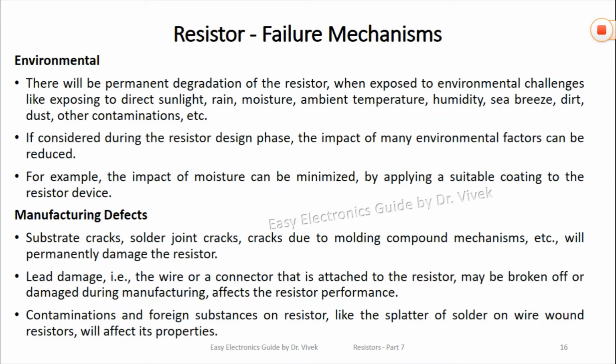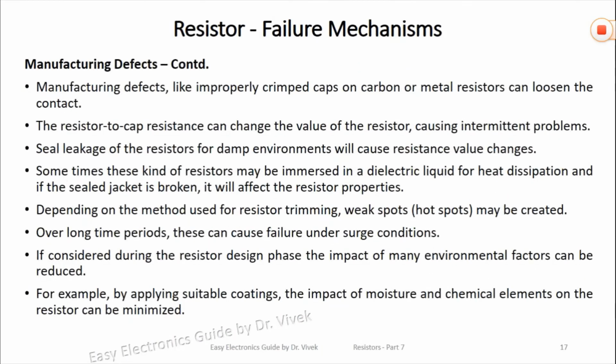Substrate cracks, solder joint cracks, cracks due to molding compound mechanisms, lead damage, contaminations, and foreign substances will permanently damage the resistor. There are other major manufacturing defects also, like improperly crimped resistor caps, seal leakage, etc., which can cause resistor failure.